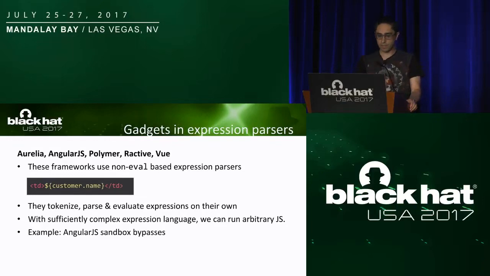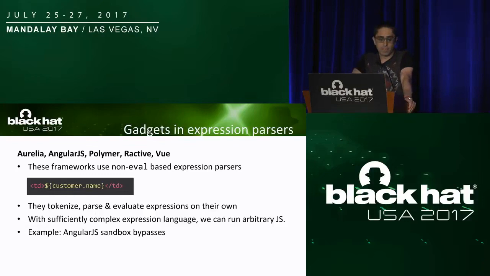For example, this customer.name expression is meant for, I believe, Aurelia code. It instructs the Aurelia framework to insert the property name of some object called customer into this table cell element when rendering the website.